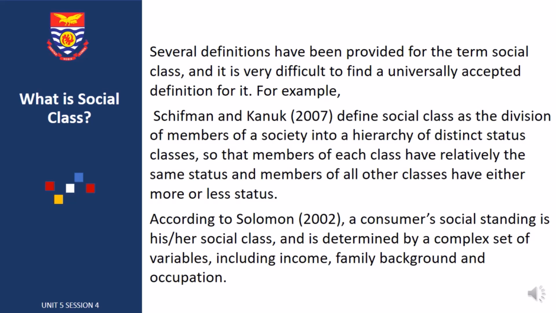We see those people to be different from those from a poor background or poor family. So with social class, we are basically talking about the status of the consumer. We can use income, family background, and sometimes the occupation.